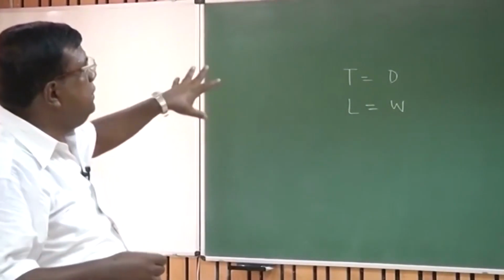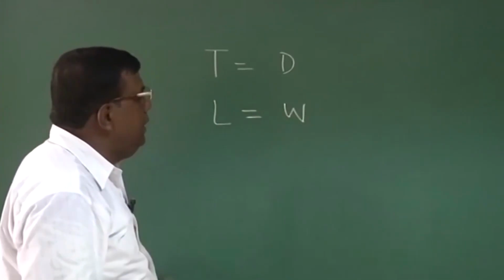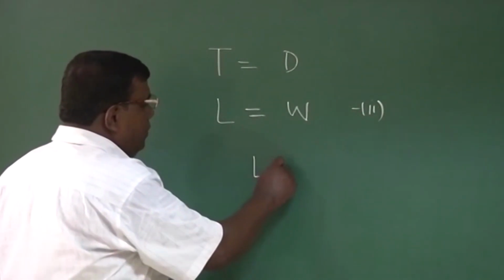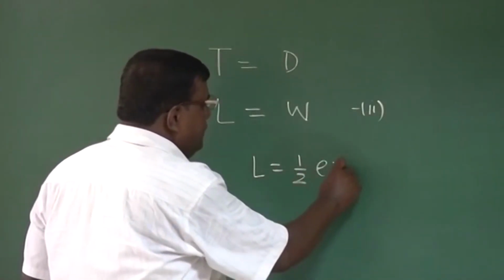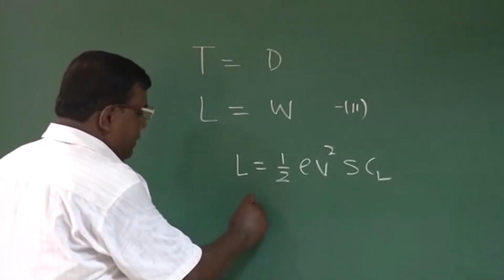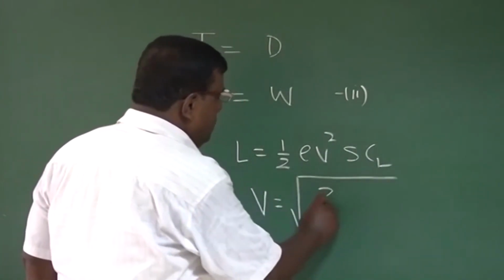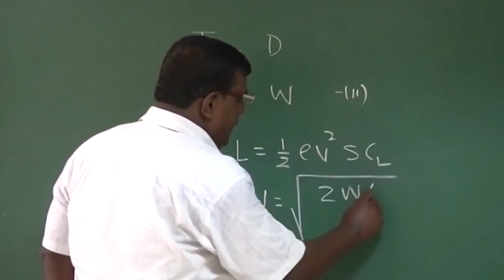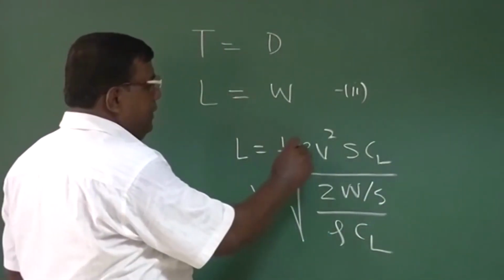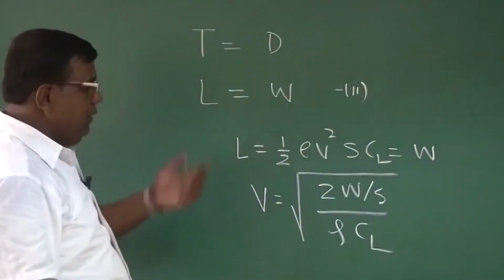Let us come back to the force balance, which is thrust equal to drag and lift equal to weight. If I take the second equation, lift is, as we know by now, half rho V square S CL. So I can write V equal to under root 2 W by S by rho CL, because the lift, half rho V square S CL, is equal to the weight as per equation number 2.